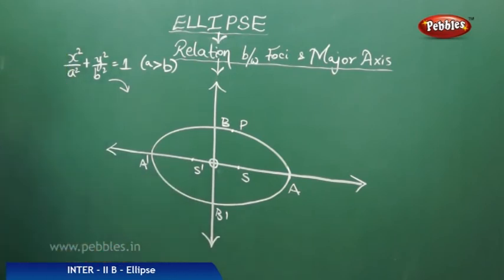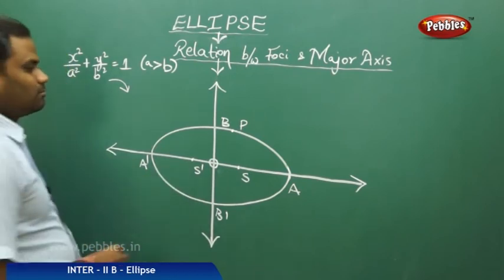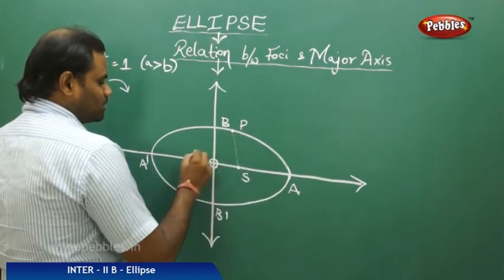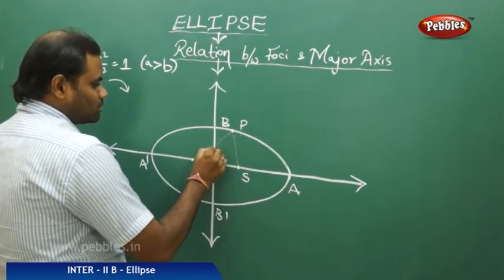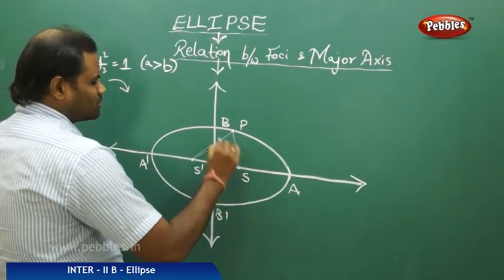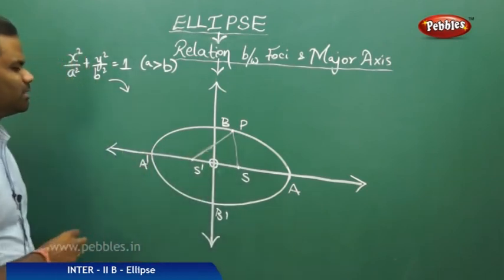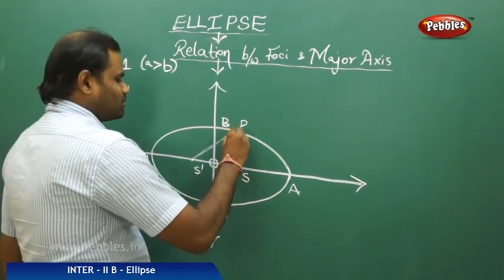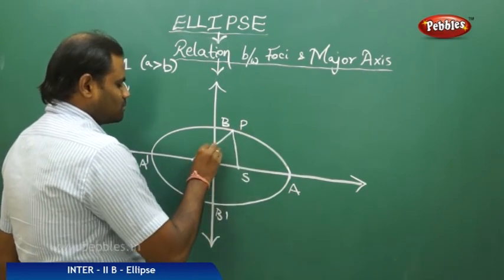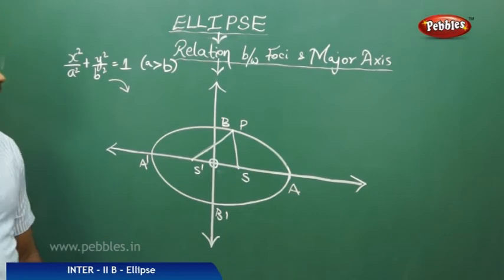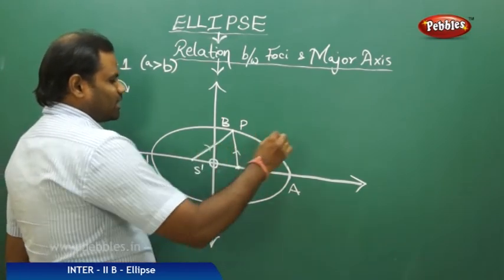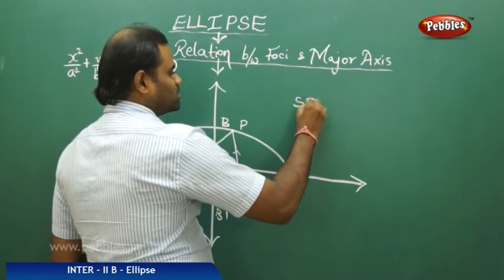Is how we identify the major and minor axis. Now let me join P with S, that is SP, and the other focus joined here with this. So joining SP and S dash P, I get this to be like this.